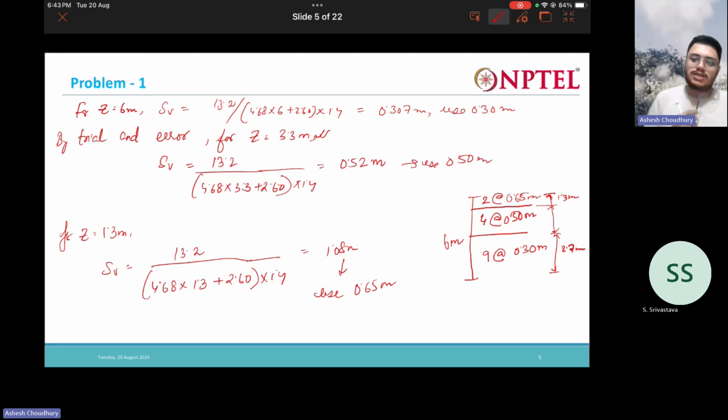It is up to the designer's choice, but you need to ensure that safety is maintained. You need to check whether the spacing you are providing is less than the calculated spacing or not. All right, now next, I will draw the figure for you.